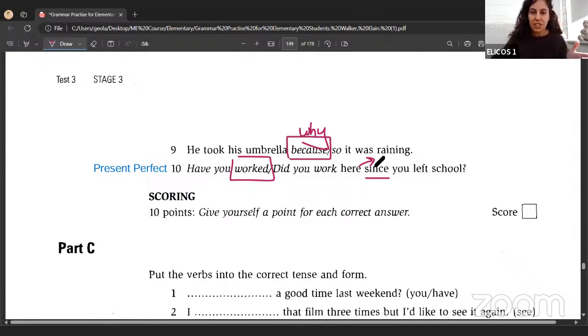So it's like a finished, but because it's still continuing, the person is still in the work, they're saying, oh, have you worked here since you left school? Because you're still here now. So that's why we need to make sure it's the present perfect with have you worked here since you left school? So not this one.